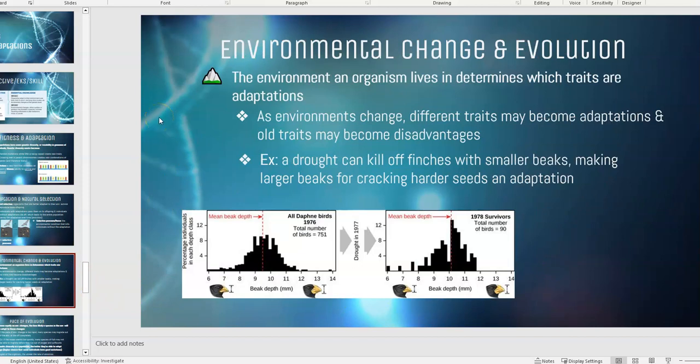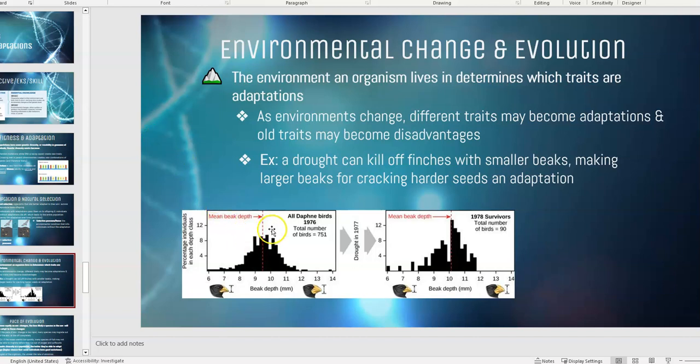Now, an environment an organism lives in determines which traits are adaptations, because that environment provides pressure. And as environments change, however, a trait that may have been an advantage at one time may become a disadvantage another time.